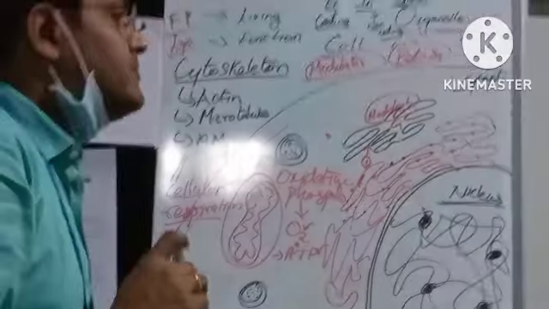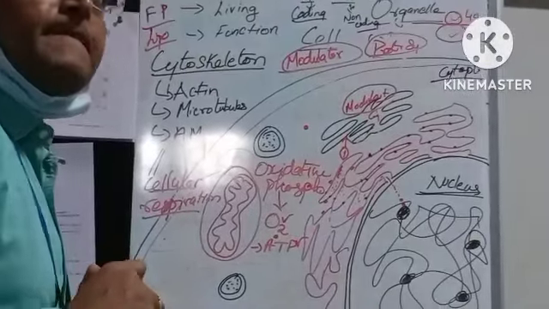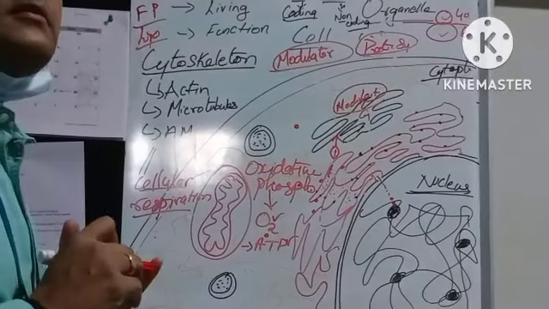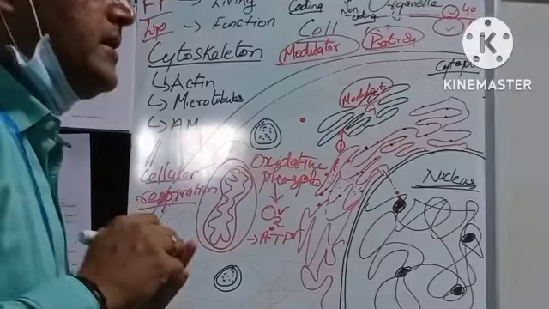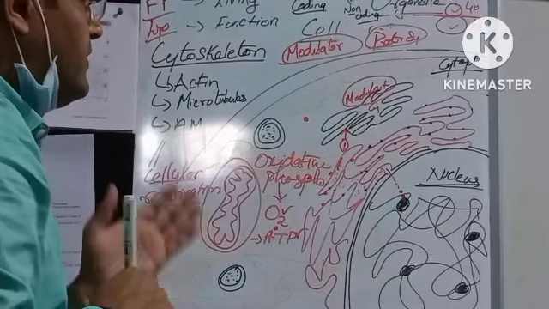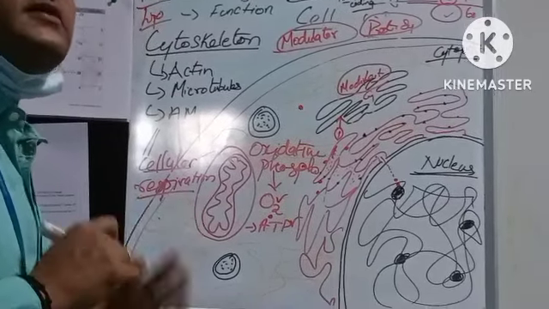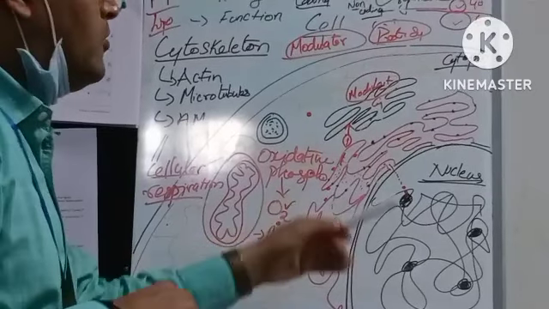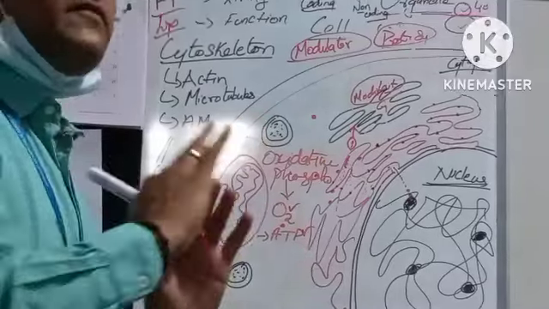Okay. So what are the things that are present in the nucleus? Nucleolus, then chromatids, then you have a nuclear membrane. Okay, these three areas. So chromatids will all go into replication, that we will cover in a different class.